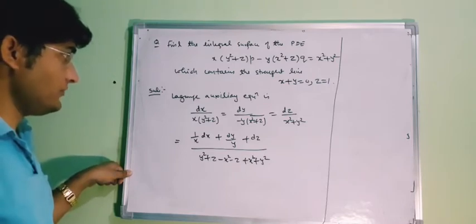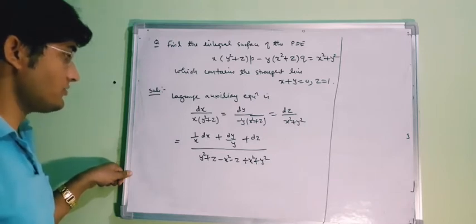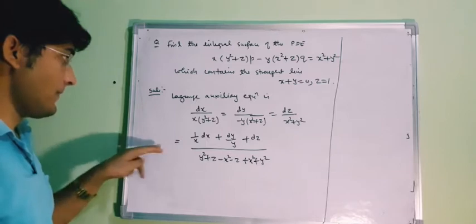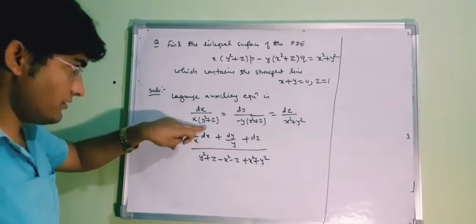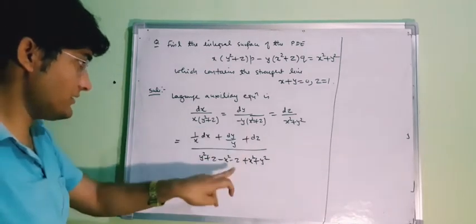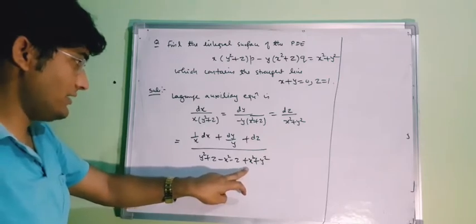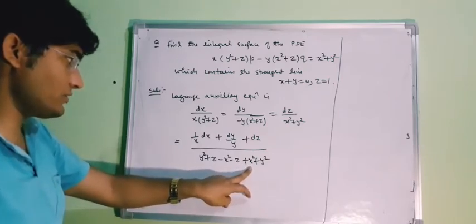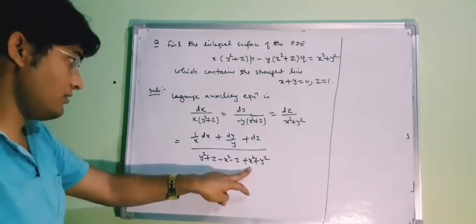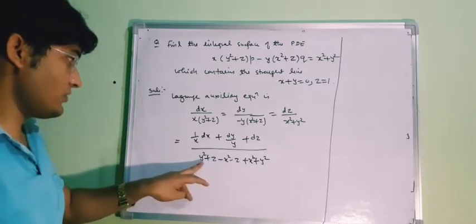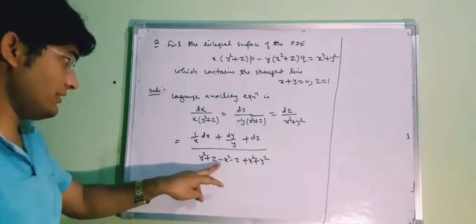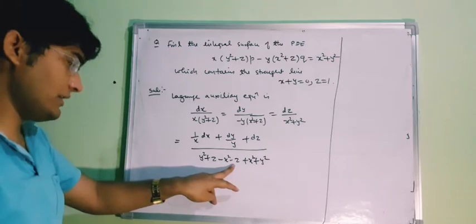Now this multiplier is not working, so now you can see that here we are having y square plus z, then minus x square minus z, and here we have x square plus y square. If we take minus y square minus z and here plus, then again it will not work.